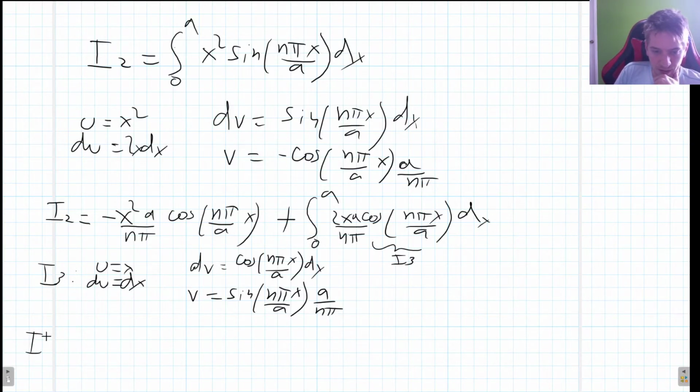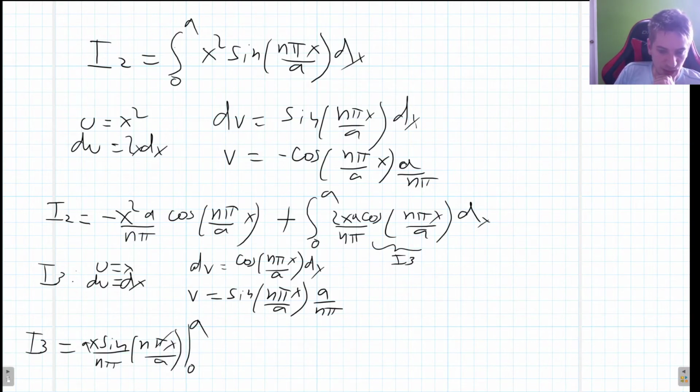So I3 is going to be x sine of n pi x divided by a divided by n pi times a, and this between 0 and a. But this is going to be 0, as we have seen many times already, right? Sine of n pi is 0, sine of 0 is 0, so both terms will just be 0.